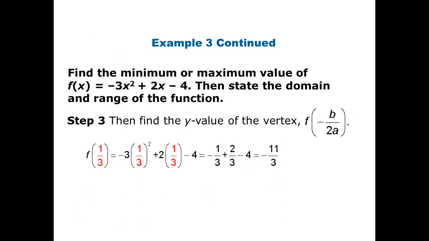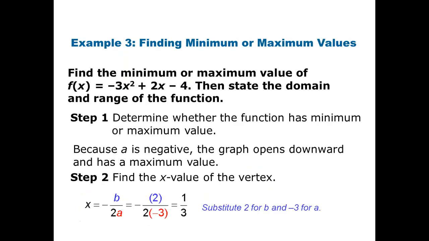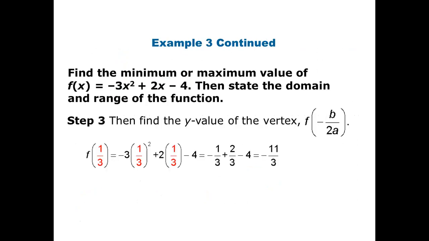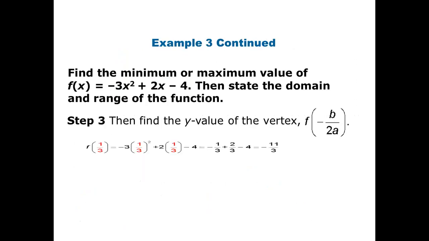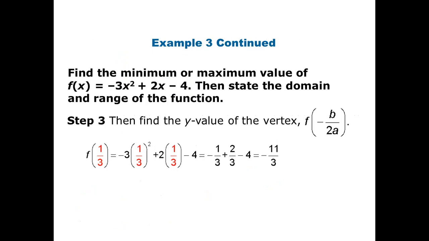Another example. Okay, so again, we have that example, -3x squared plus 2x minus 4. And then the x, or the vertex, is 1/3. Okay, so to continue, find the minimum or maximum value of the function of x. Using the same example, we get the minimum or maximum.